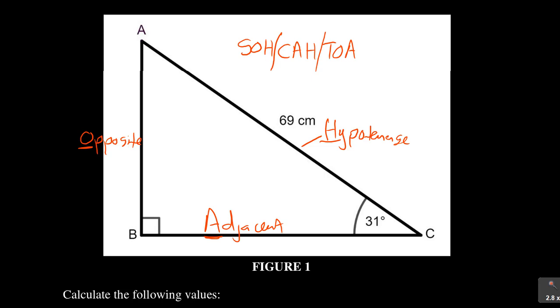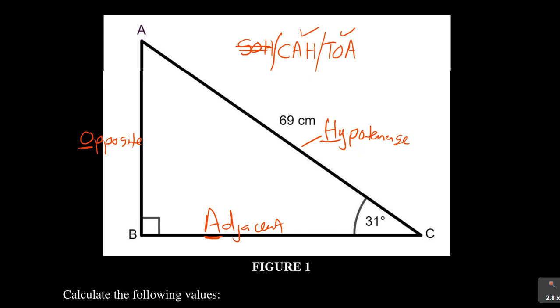So now what I'm requested to find is my BC, which is my adjacent. So from my SOHCAHTOA, I look for the one that has got A. You can see that the first one is off because there is no A. It is the second and the third that have my A. But now I look at the information. What am I given?